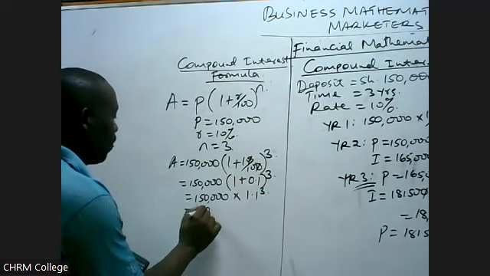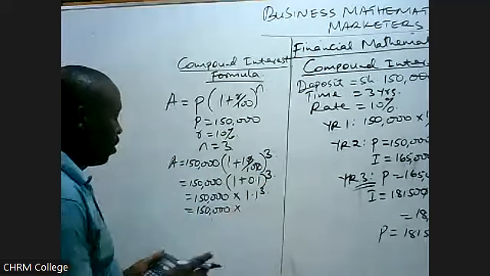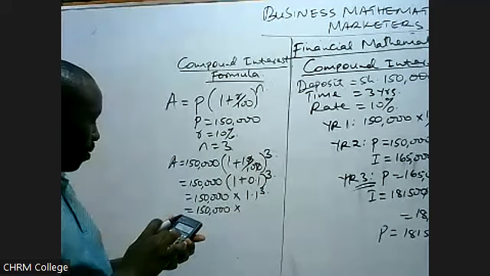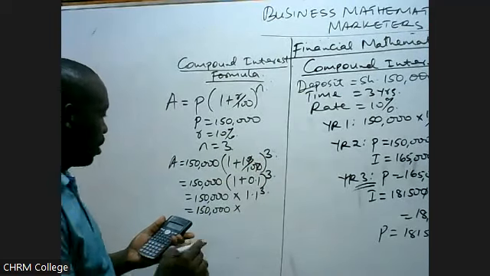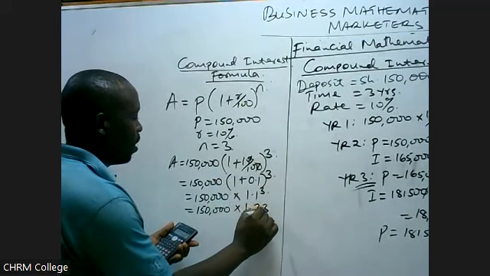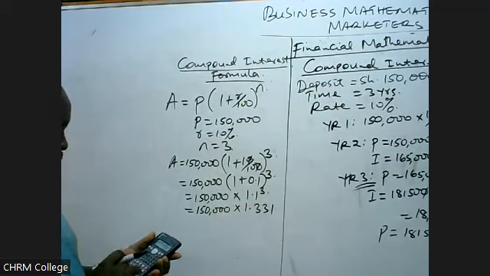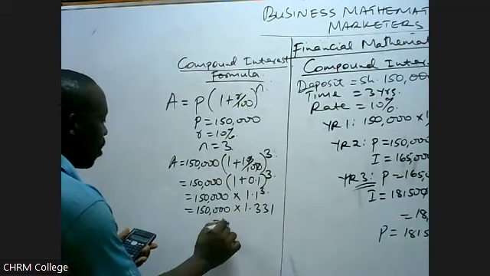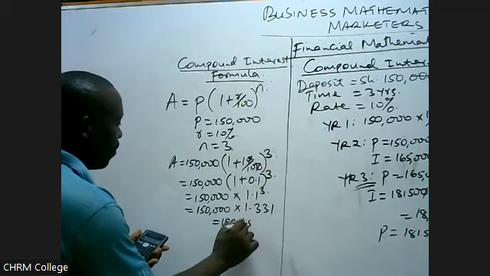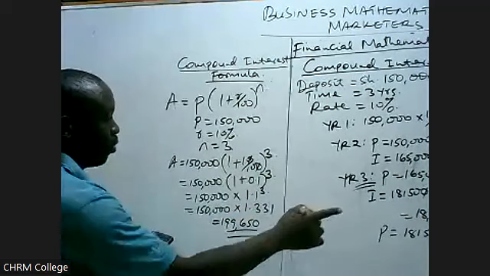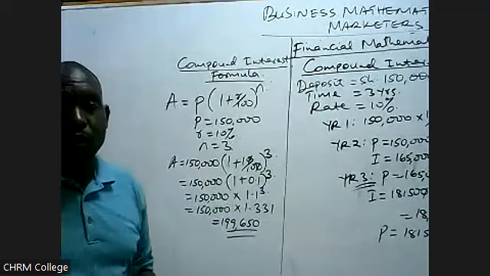You get 1.331 times 150,000. You get 199,650. What we got there?